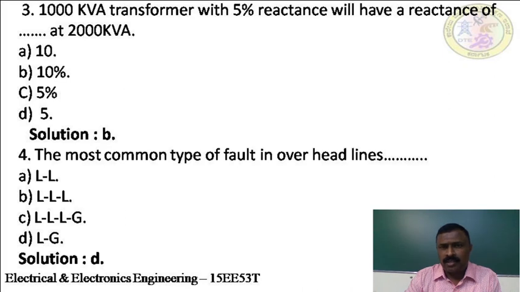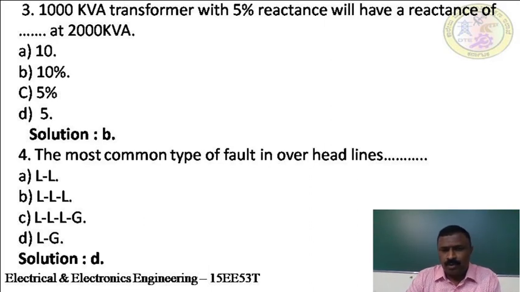As you know, the percentage reactances are always represented in terms of the percentage. So when you have a 1000 kVA transformer of 5%, definitely the 2000 kVA will have 10%. So therefore the solution for this is B, that is 10%.